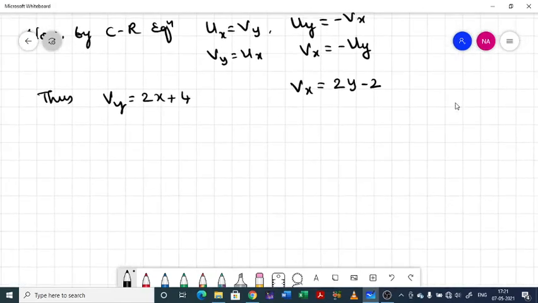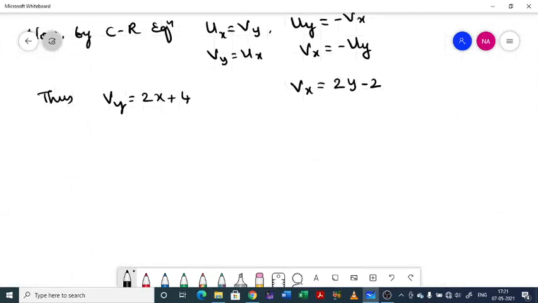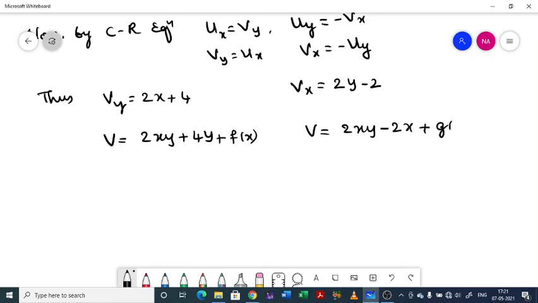Now integrating with respect to corresponding variables, integrating this with respect to y, we will be getting v equal to 2xy plus 4y plus f of x, and integrating with respect to x, we will be getting v equal to 2xy minus 2x plus g of y.